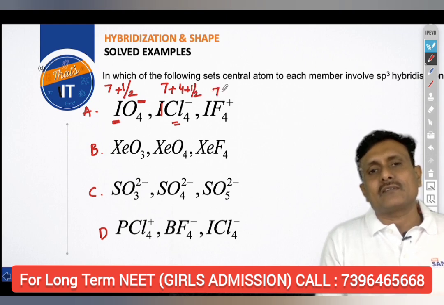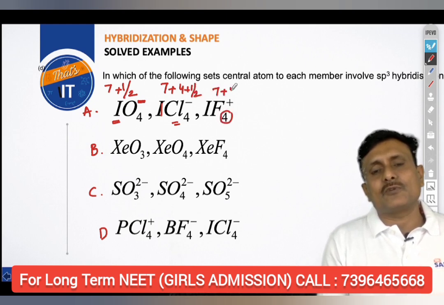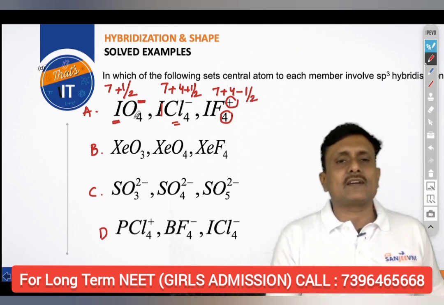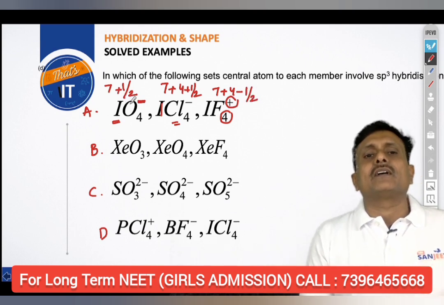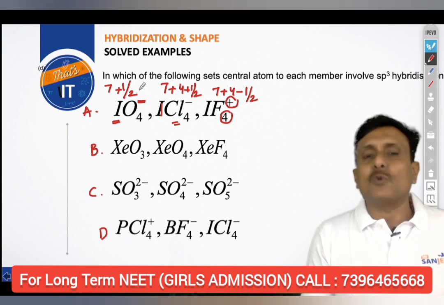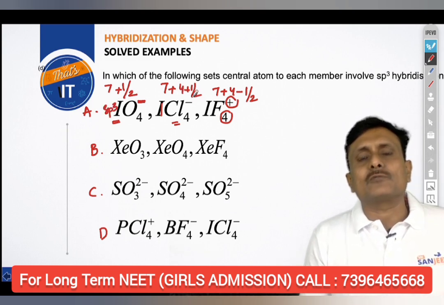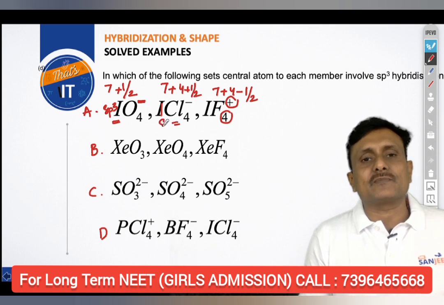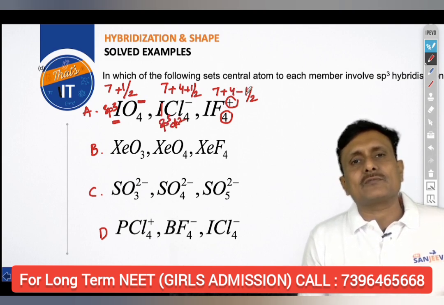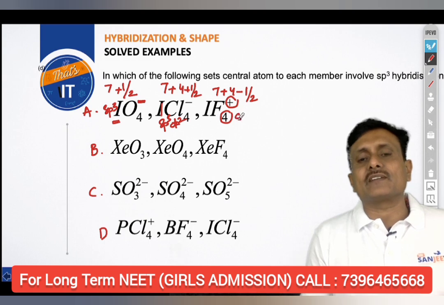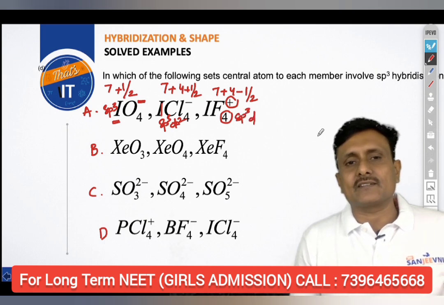Here 7 plus halogens attached are 4, minus of plus by 2. So you can see these values are turning out to be 7, 8 by 2, that is nothing but 4. 4 means sp3. 7 plus 5 by 2, that is 12 by 2, 6 means this is sp3d2. This is 7 plus 4, 11 minus 1, that is 10 by 2, that is sp3d. So options are not matching, isn't it?